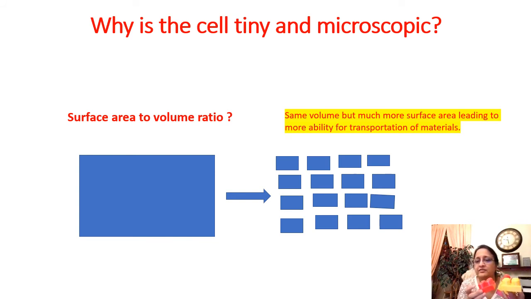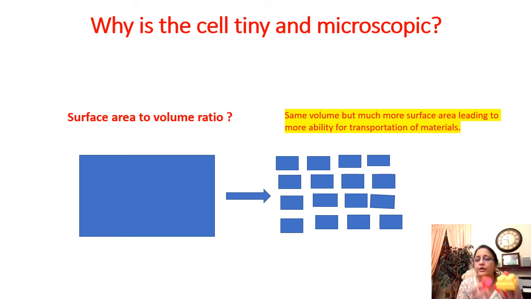But what have we changed now? The surface area of each slice is more compared to that of the total large cell. That means the smaller the pieces, the more efficient the transportation of materials, since the surface area is more compared to the large single cell.